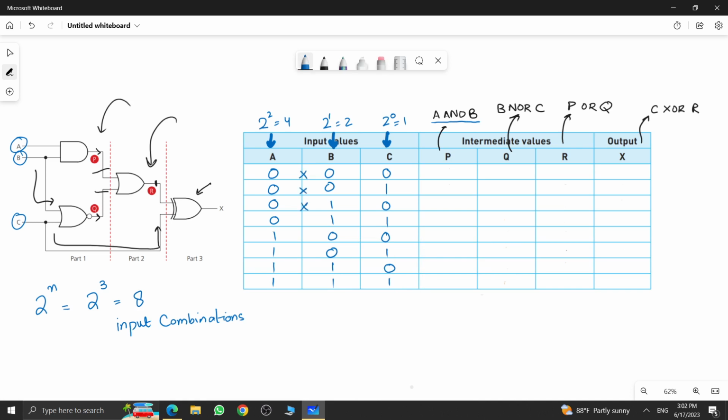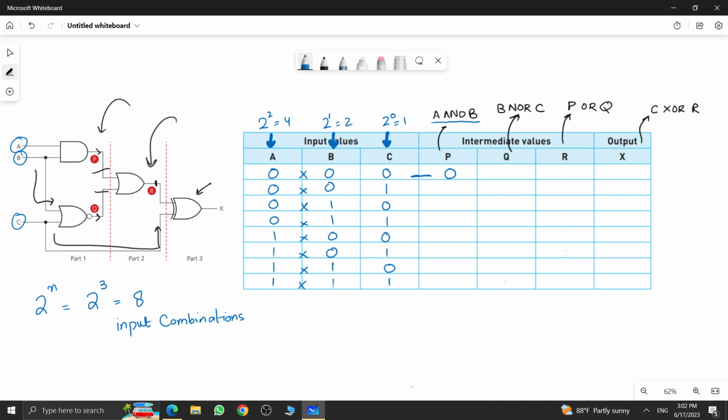So I'm just writing down a multiplication operation over here so I can easily calculate P. 0 into 0 is 0. You have to consider the same column for calculating P. The first column, values of A and B are 0, 0. When 0 is multiplied with 0, you will get 0 as a result in P.